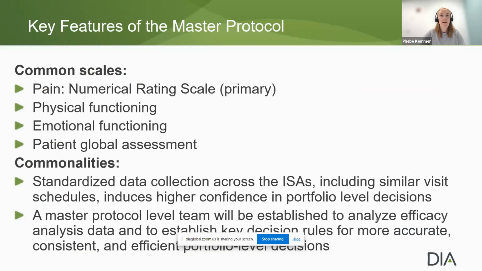So some key features of our master protocol design in chronic pain. We have many common scales that we assess no matter what disease type we're studying. And we have 3 disease types of chronic pain in this master protocol. So we always have a pain numeric rating scale.